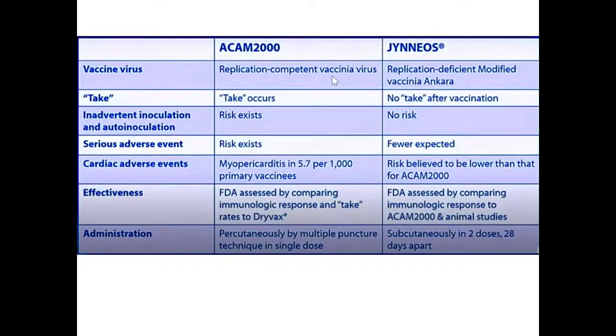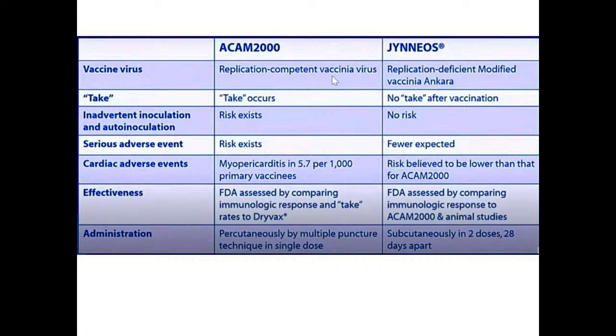So skin is damaged. And just in recent years, I think in 2019, Jynneos, a new vaccine, was developed, and this is replication incompetent Vaccinia virus. So this virus is alive but is not able to replicate in humans.